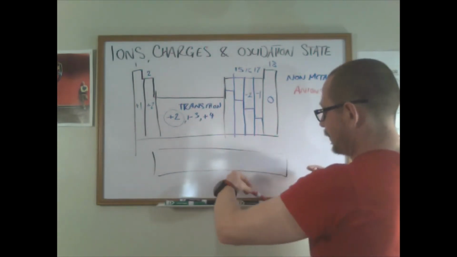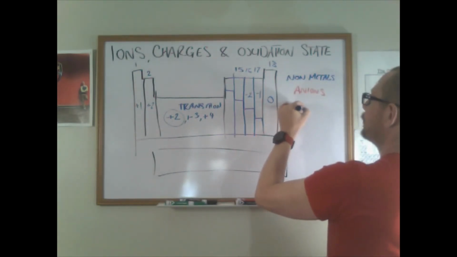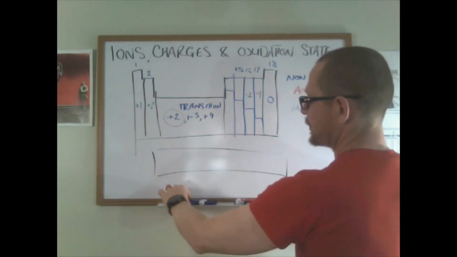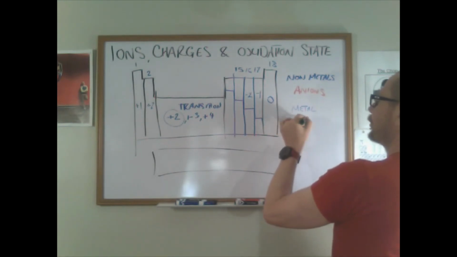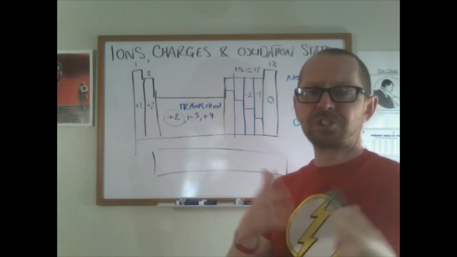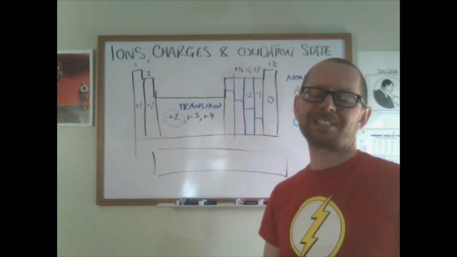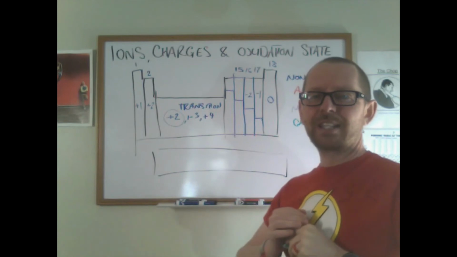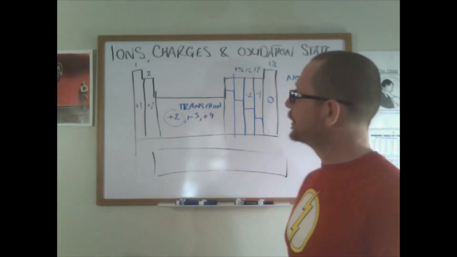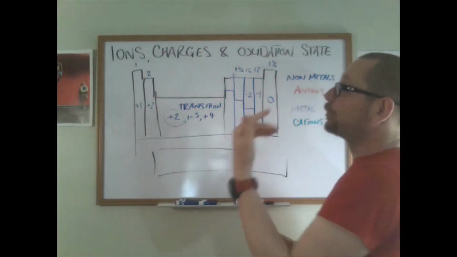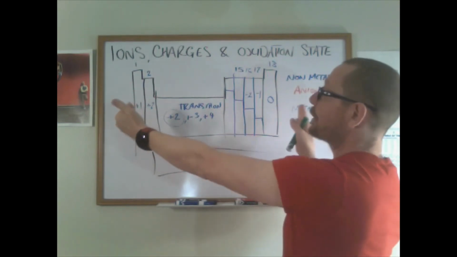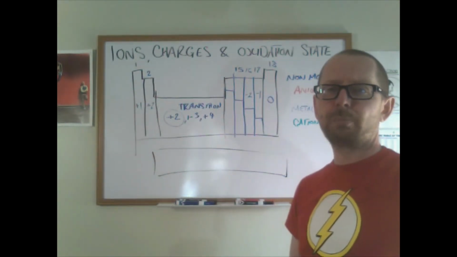And then our metals typically like to form cations. As a rule, metals can only form cations, but it's chemistry, so all rules can be broken, and I know of at least 2 examples of metals that take an anionic charge, but it's probably under extreme cases. But anyway, the rule of thumb is it's more hard and fast on the outside, and as you work your way in, it gets more complicated.